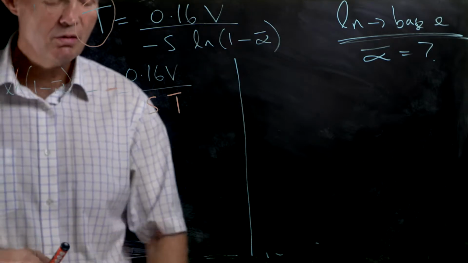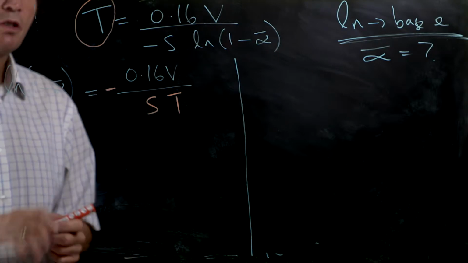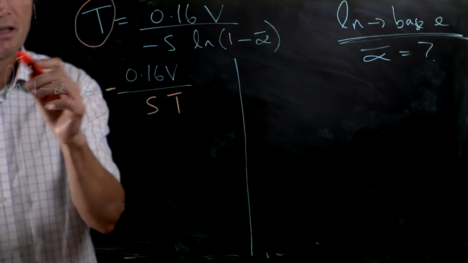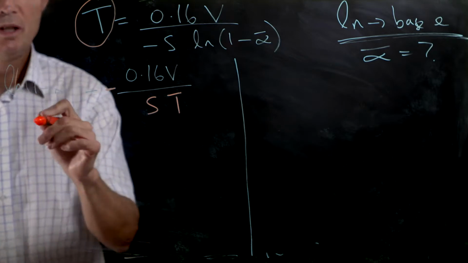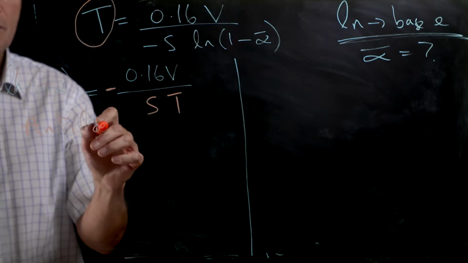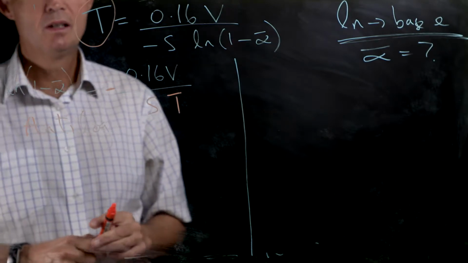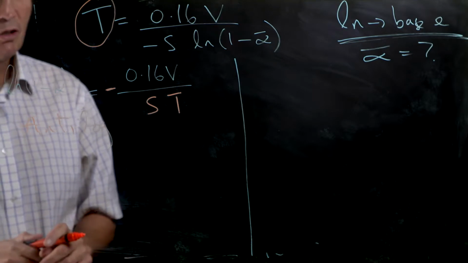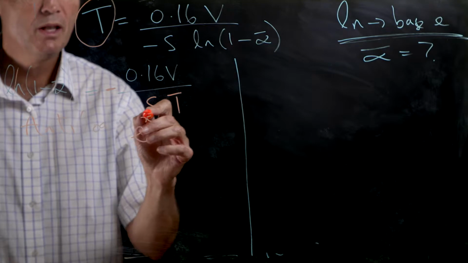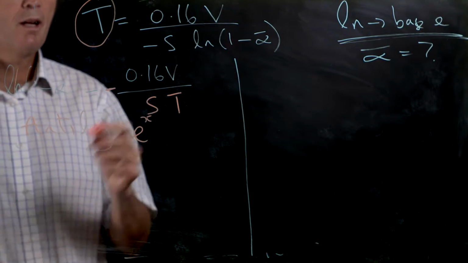The next thing we need to do is get rid of the log term, because at the moment we've got the alpha bar tied in with a log. So we need to anti-log both sides again. This time though, remember that we are anti-logging a natural log, so we're actually raising it to the power e. So we're looking at e to the power x.